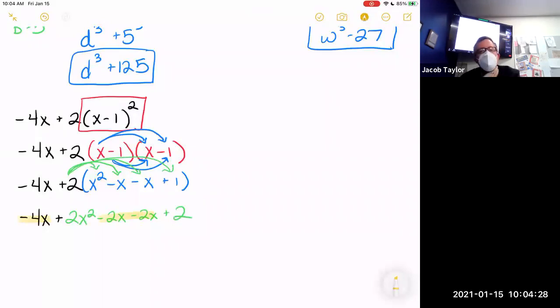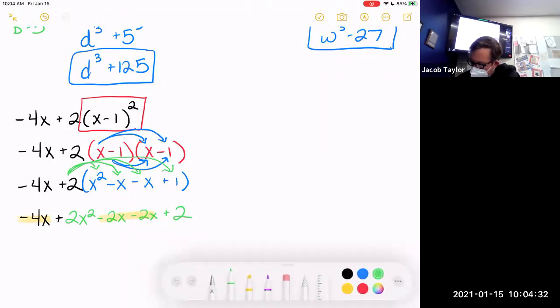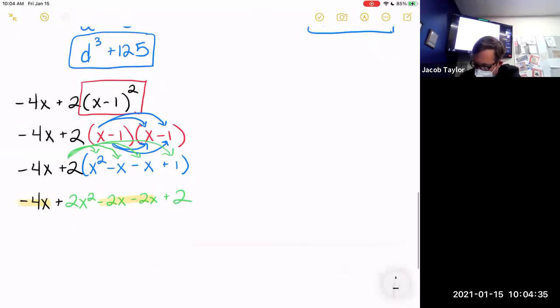And there's a -4x. I got 3 things with x in them that can all be combined. I'm going to start with my biggest exponent, though, and work my way down. So I'm going to start with 2x squared. We combine them all at once or 2 and then add them. It's up to you. -4 minus 2 minus 2 is? For subtracting it, right? -6. -6 is -4 minus 2.